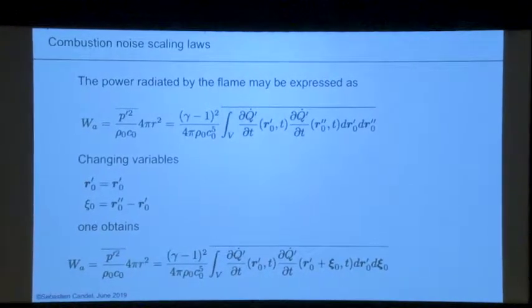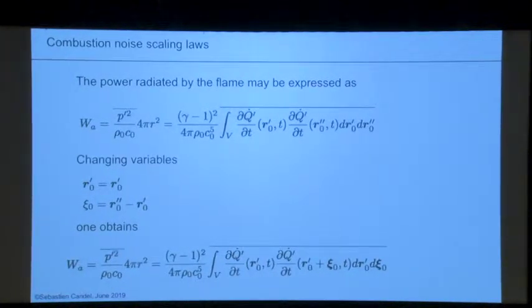And now in acoustics, when you want to calculate the power, which is the most interesting thing, you have to do correlations. So basically what you do is you correlate the pressure and you take the average, P prime squared average, over rho 0 c 0, so that's the flux, multiplied by a sphere, so you eliminate the radius.